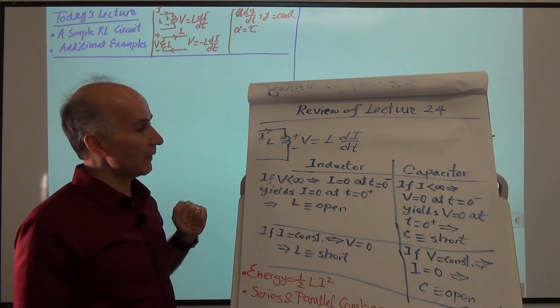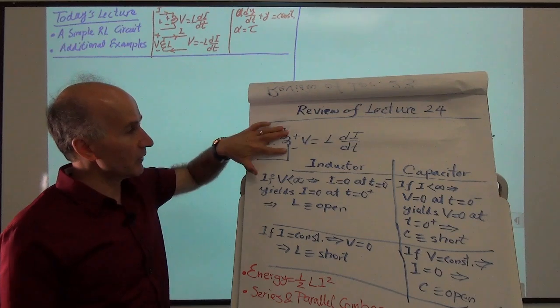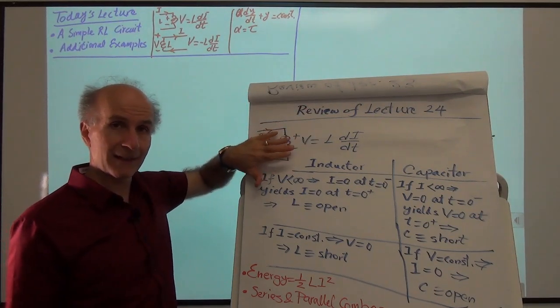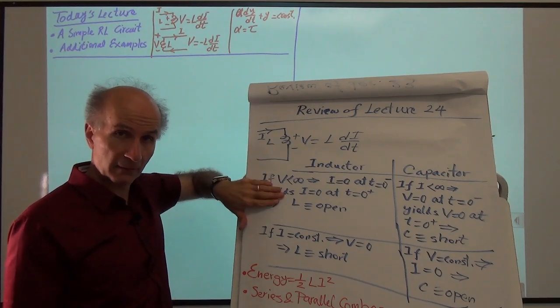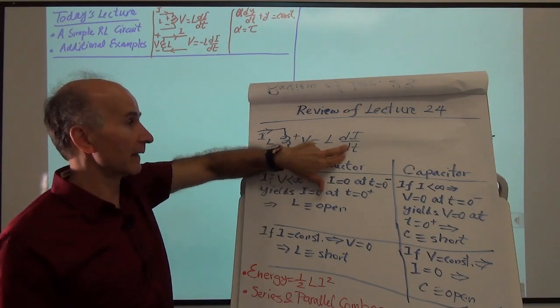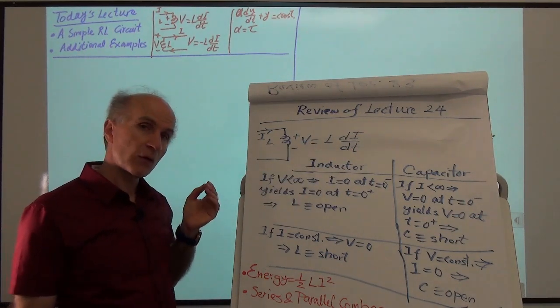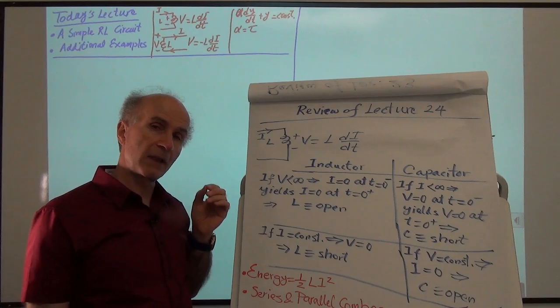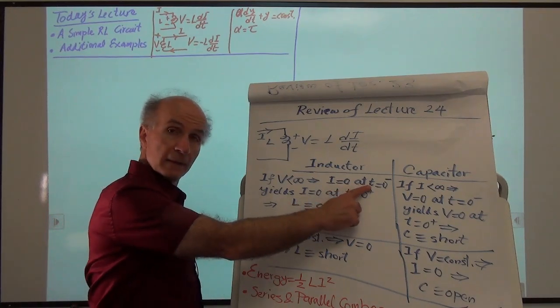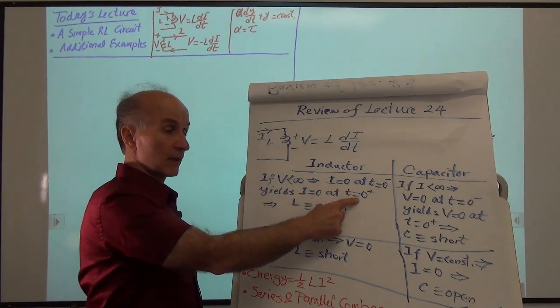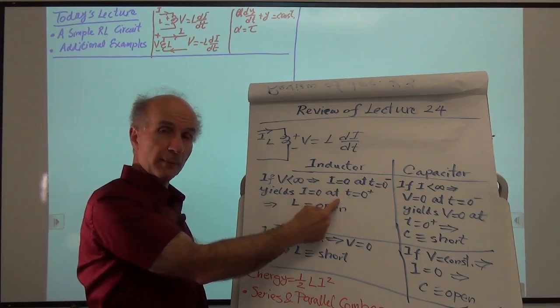If the voltage that is available for this inductor from the rest of the circuit is less than infinity, then the current cannot jump in zero time. So if the current is zero at 0 minus through the inductor, it has to be zero at 0 plus, because it cannot jump.